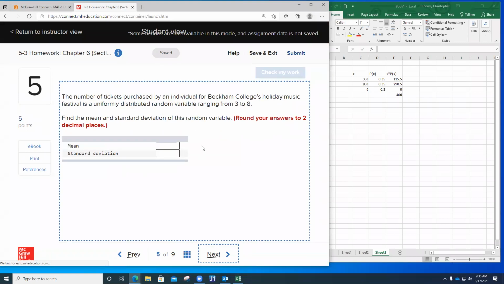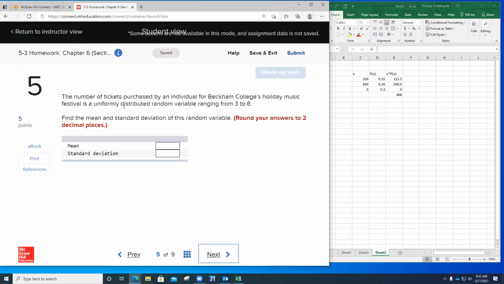So that's the power of these probability distribution functions. The number of tickets is uniformly distributed, right? So what we need to remember here is, let me bring up my pen.